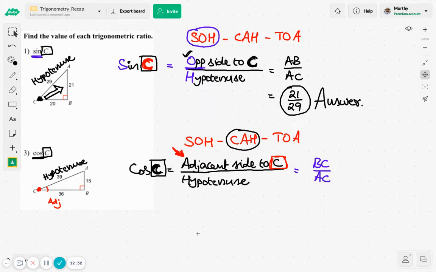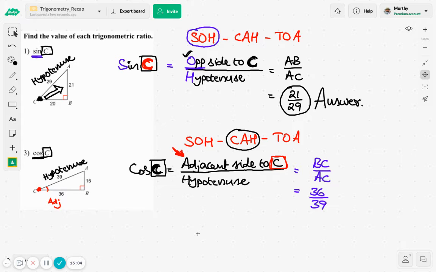Now let's take the values. BC is 36 and AC is 39. Now think for a moment, can I divide the numerator and denominator by 2? I can divide the numerator by 2, but can I divide 39 by 2? The answer is no. Now, can you divide the numerator 36 by 3 and the denominator by 3?